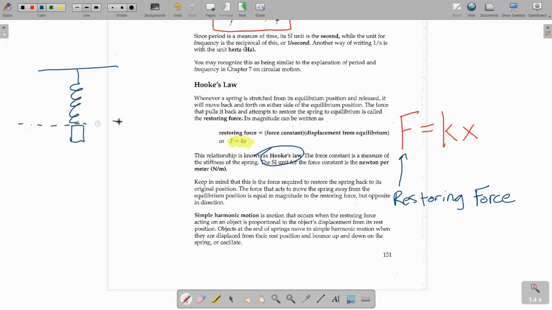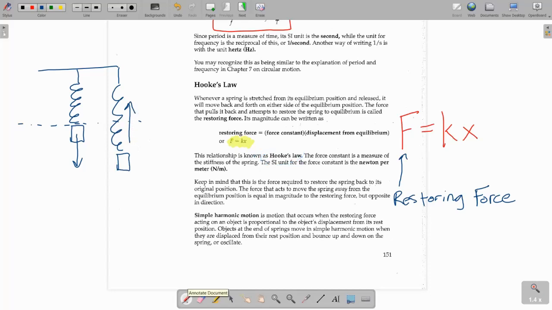This line represents the equilibrium position where the mass sits, where nothing's touching it or pulling or pushing on it. Then when you pull this down and it's stretched out like this, there's going to be a force in the spring that's going to pull that back up. So that's the restoring force.